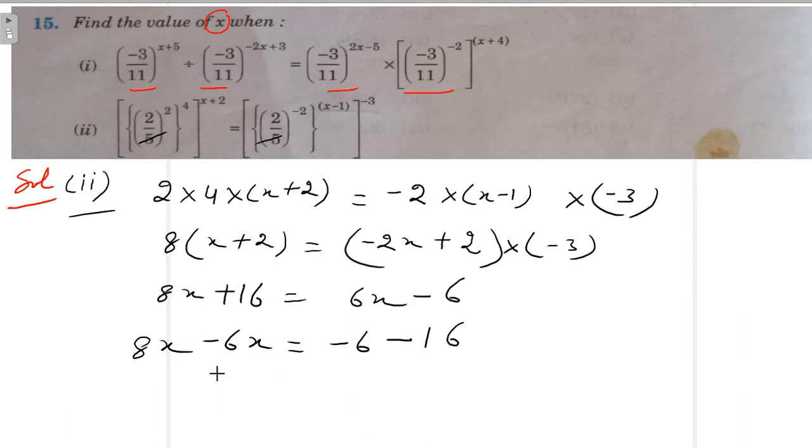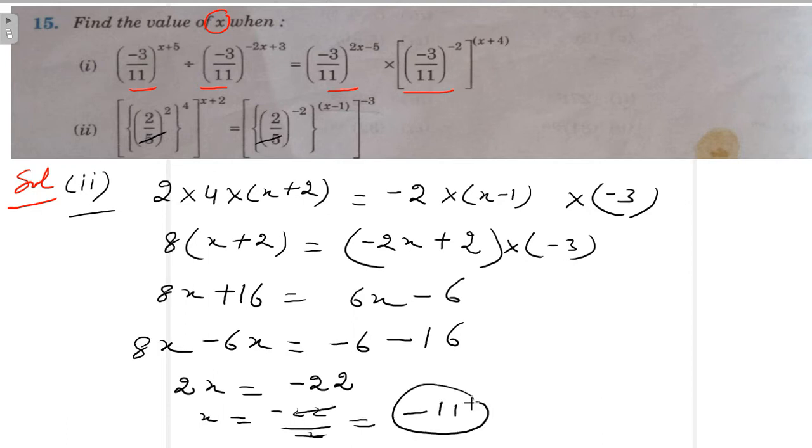So 8 minus 6, that is 2x equal to minus minus plus 6 plus 16, minus 22. So x would be minus 22 upon 2, this would become minus 11. Right students, so this was your question number 15. So the 15th question has been solved.